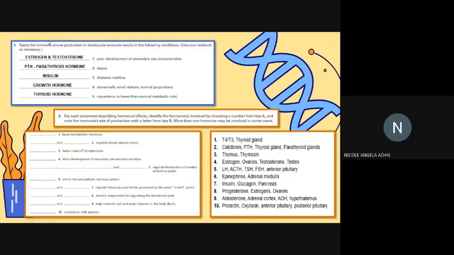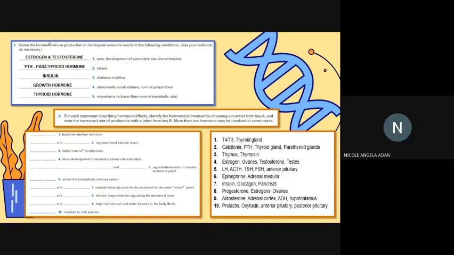For each statement describing hormonal effects, identify the hormones involved by choosing a number from key A and note the hormone site of production with a letter from key B. So for number 1, basal metabolism hormones are T4 and T3, which are secreted by the thyroid gland.